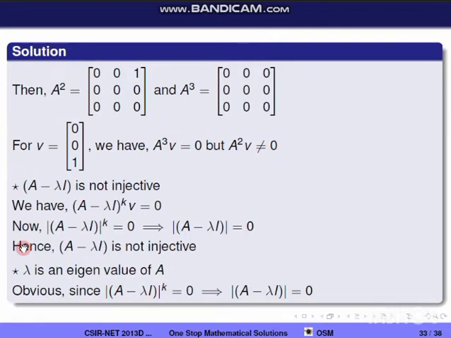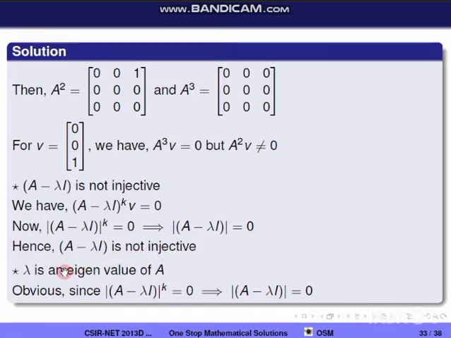Third option, A minus lambda I is not injective, that is not 1-1. So we have (A minus lambda I) whole power k into V equal to 0. Taking determinant, determinant of (A minus lambda I) whole power k is equal to 0, which implies determinant of (A minus lambda I) is equal to 0. So determinant equal to 0 means A minus lambda I is not 1-1, that is not injective.